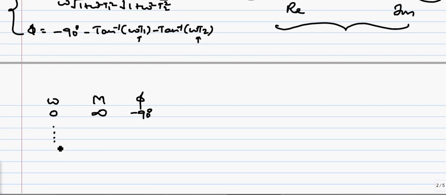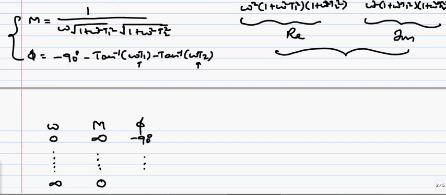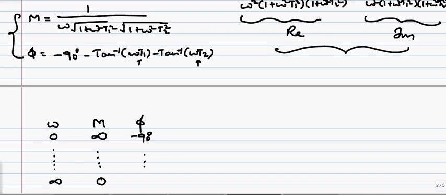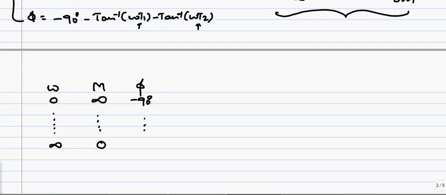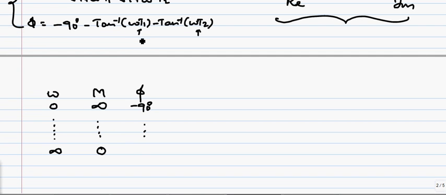And if you take omega tending to infinity, then the magnitude will tend to 0, because if you substitute omega tending to infinity in M, we get this value to be 0. And if you look at the phi value, if you substitute omega tending to infinity in these terms, we have tan inverse of infinity as 90 degrees.